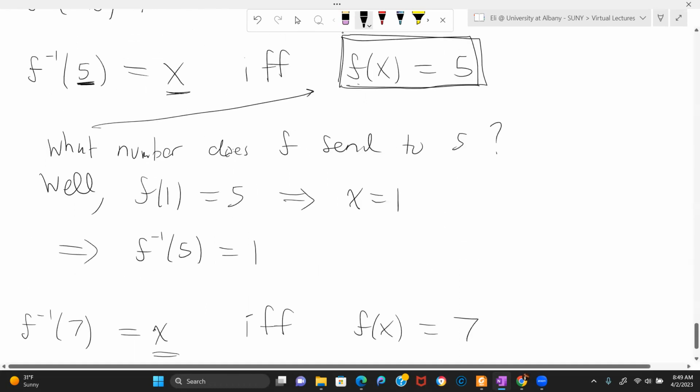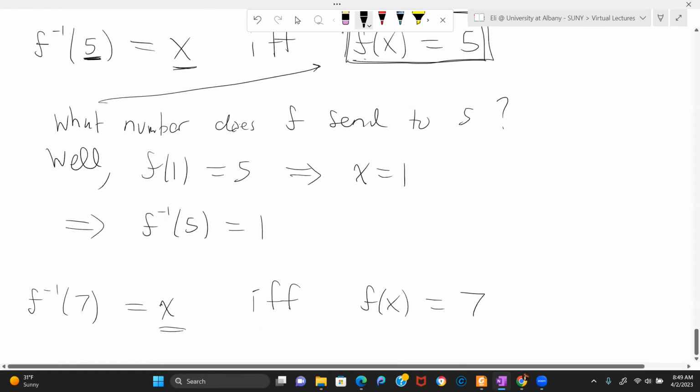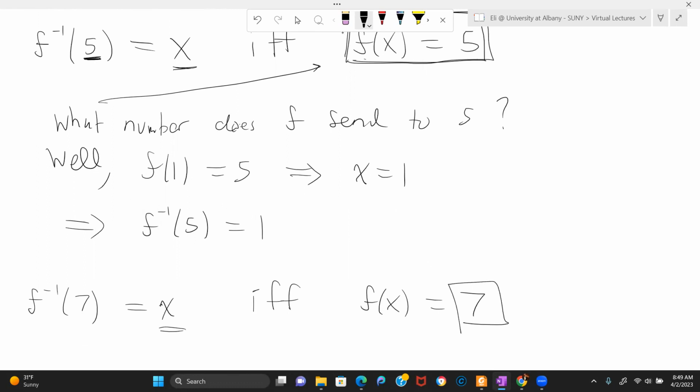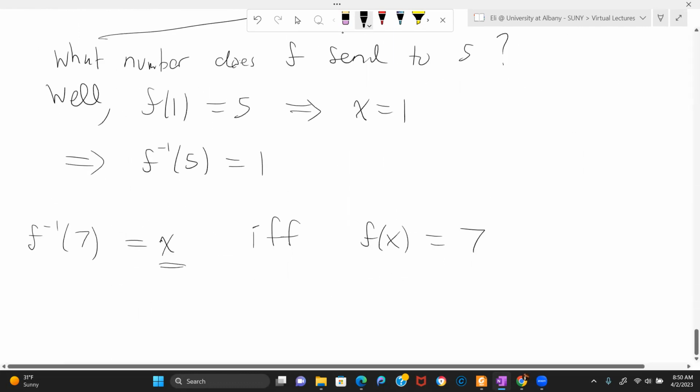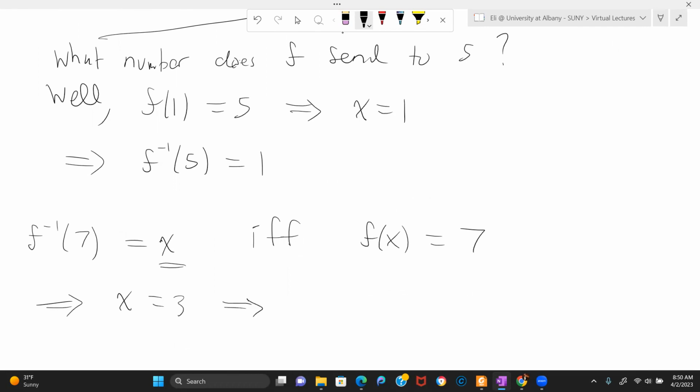So again, we have to ask ourselves, what number does f send to 7? Well, we're given that. It's up here. We're told that f sends 3 to 7. So that's going to imply x is equal to 3. But if x is equal to 3, then that means f inverse of 7 is 3. And so that allowed us to determine what f inverse does to the input 7.